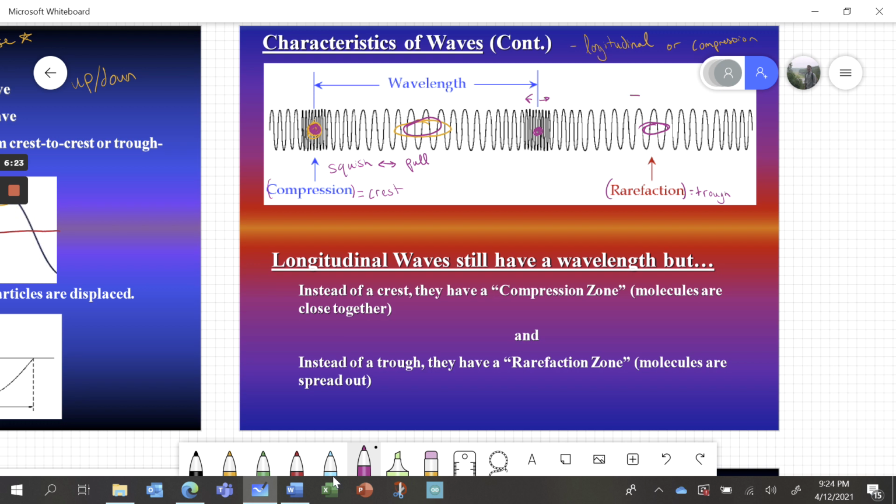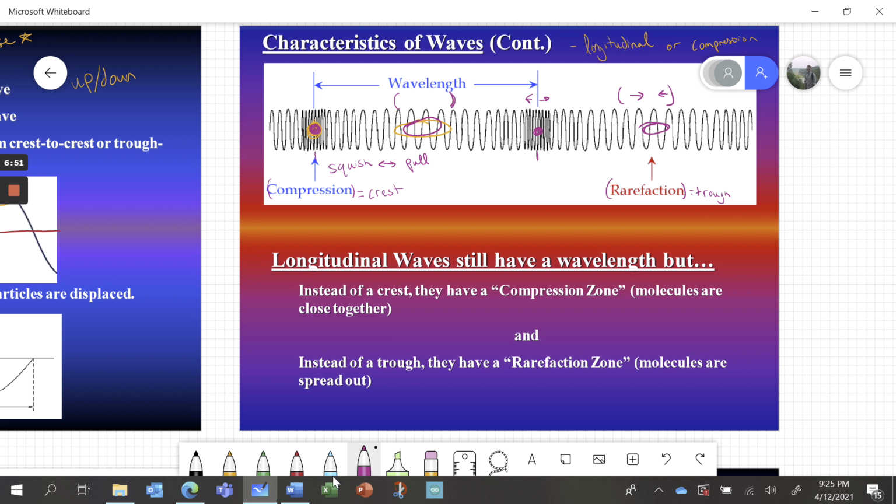This one is pulled apart, so it wants to squish back together. Okay. So the peak compression zone here and here has the exact same amount of energy as the rarefaction zone here and here. They're just in opposite directions. One is squished and one is pulled.